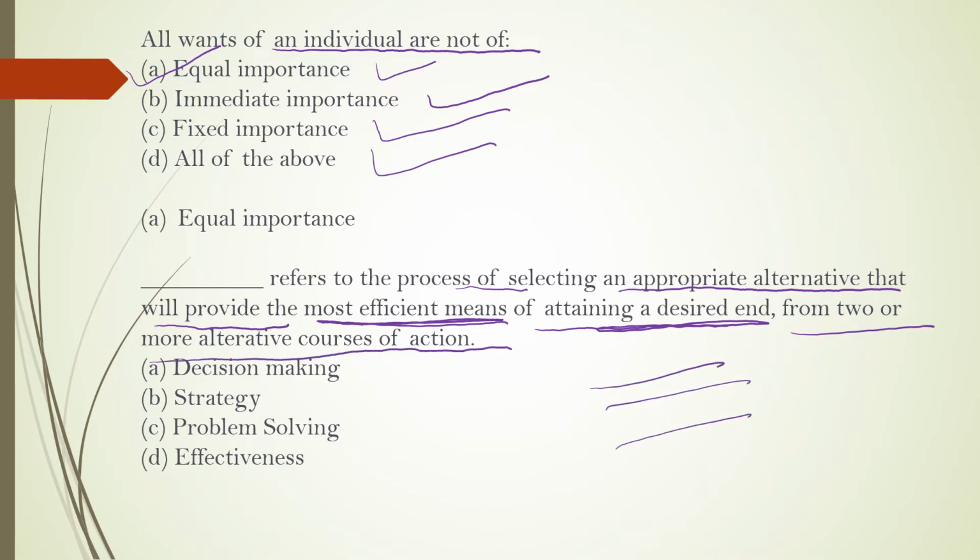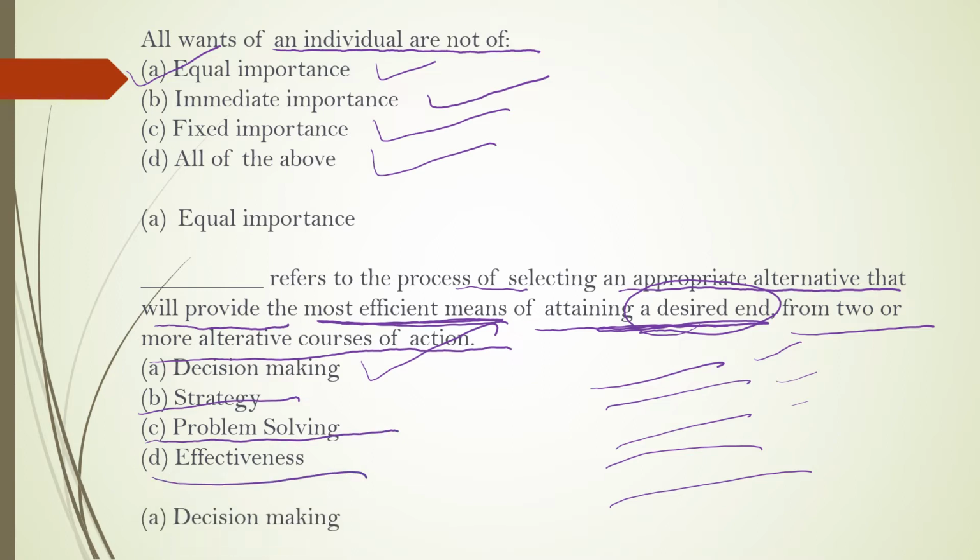When you have two or more desires or options, but you have limited resources, you have to choose a few wants to satisfy, which gives you the maximum satisfaction, which we call the desired end. That is nothing but making a right choice, so decision making is the right option. Strategy, no. Problem solving, no. Effectiveness, no. The right answer is decision making.